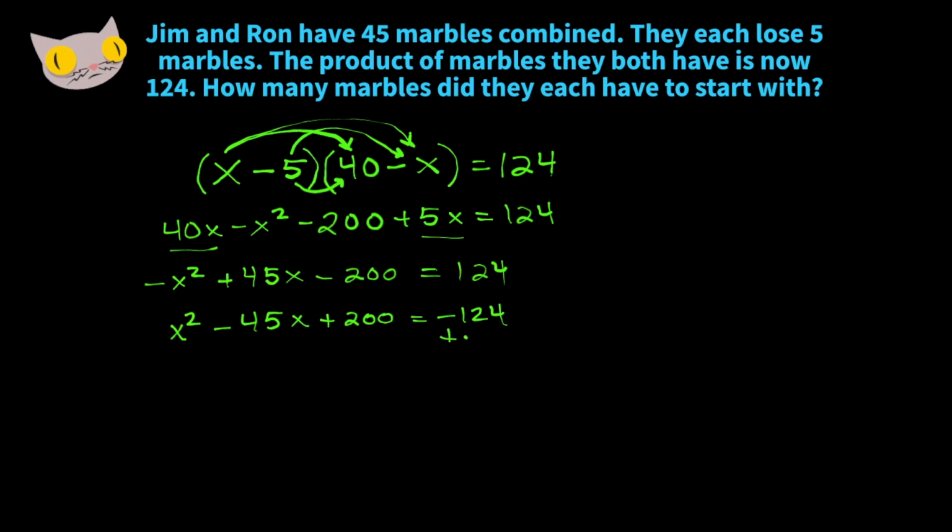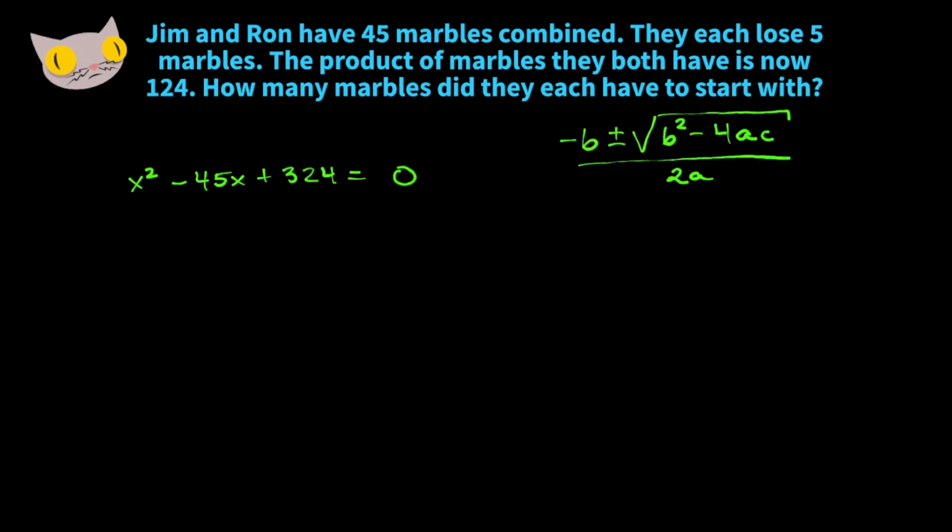Let's add this 124 to both sides so we get 0 on the right. Now we have our quadratic equation. X squared minus 45x plus 324 is equal to 0. Now we can use the quadratic formula to find the roots, thus finding the amount of marbles each person had.